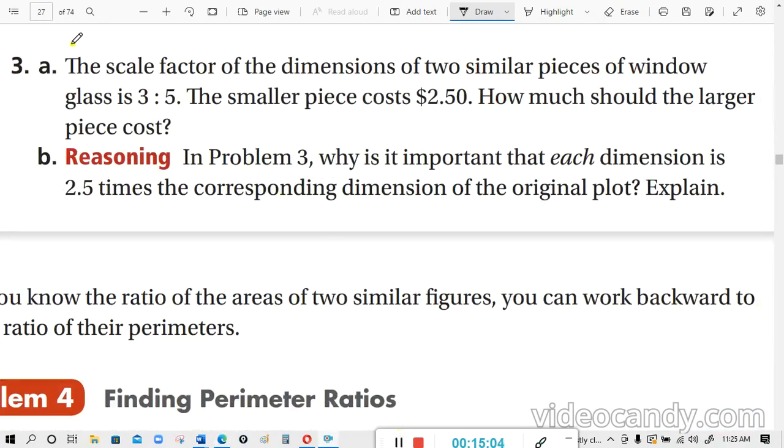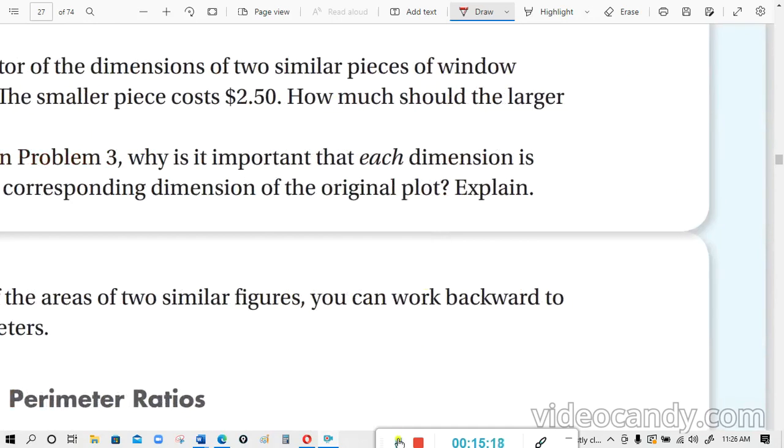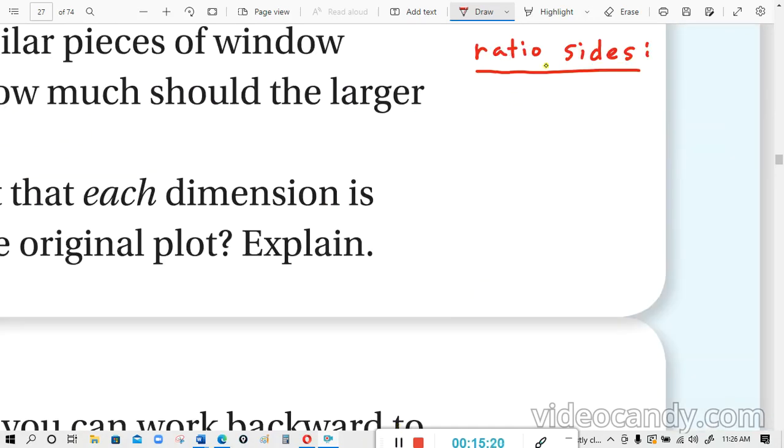Okay, please pause and try Got It problem 3A. It says the ratio of the sides is 3 to 5, and the smaller one is 250. Let's see. The ratio of the sides is 3 to 5, so the ratio of the areas is going to be 3 squared over 5 squared.